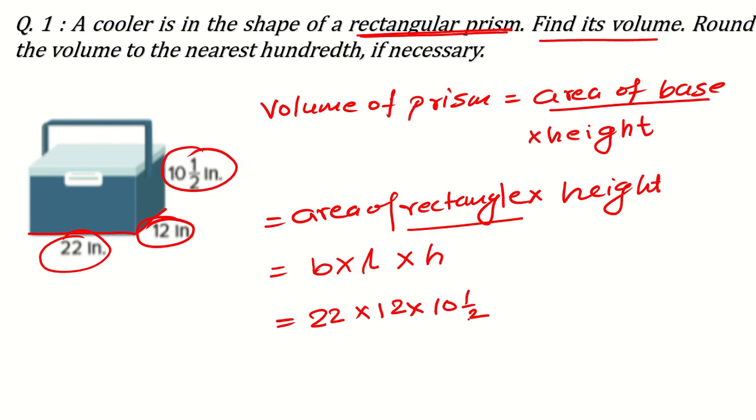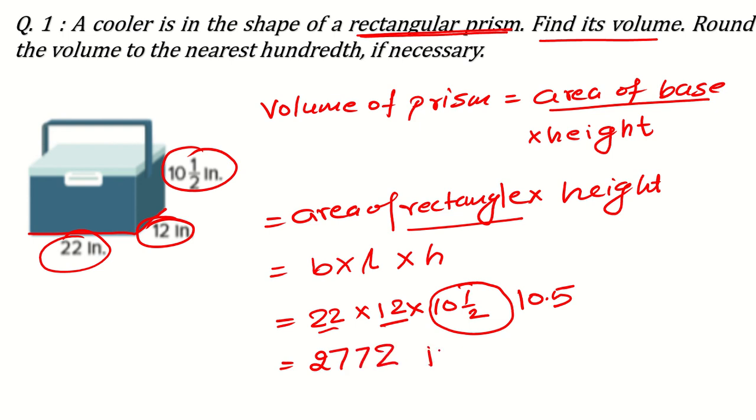The height is 10.5 inch. So I multiply 22 by 12 by 10.5, or if a calculator is allowed, you can do it with the calculator also. So this is 22 multiplied by 12 multiplied by 10.5, and this will be 2772.